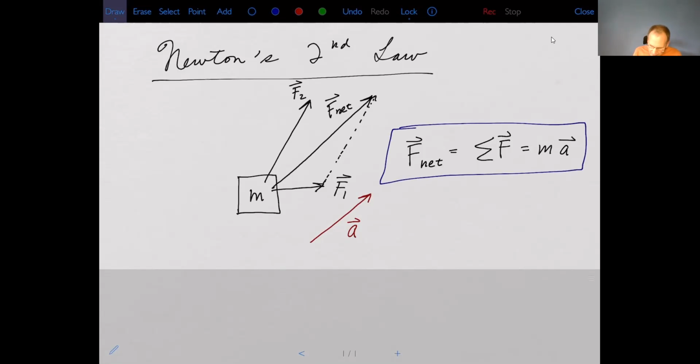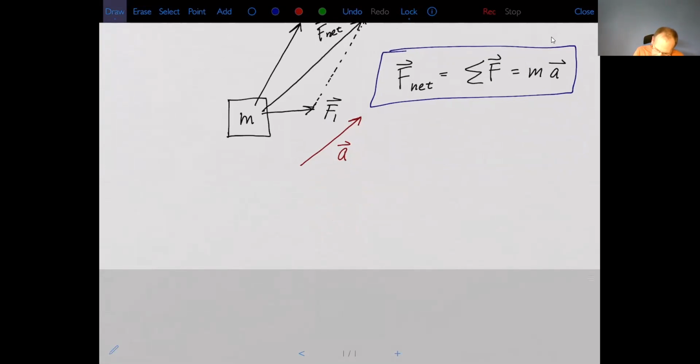I could write this as the sum of the forces in the x equals mass times the acceleration in just the x direction. And then the sum of the forces in the y equals the mass times the acceleration in the y direction. And then the sum of the forces in the z is equal to the mass times the acceleration in the z direction.